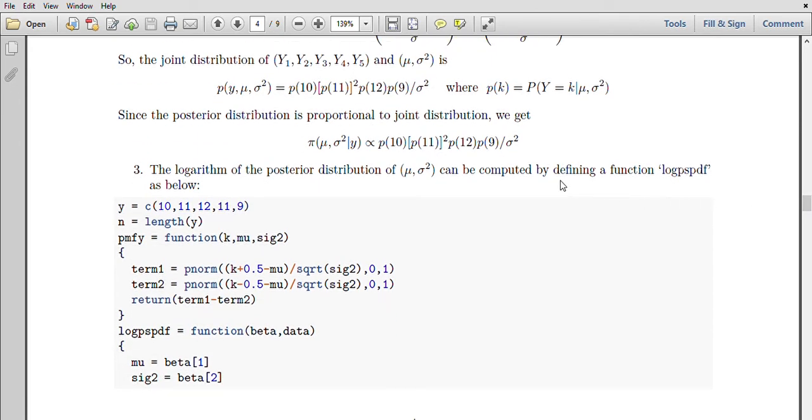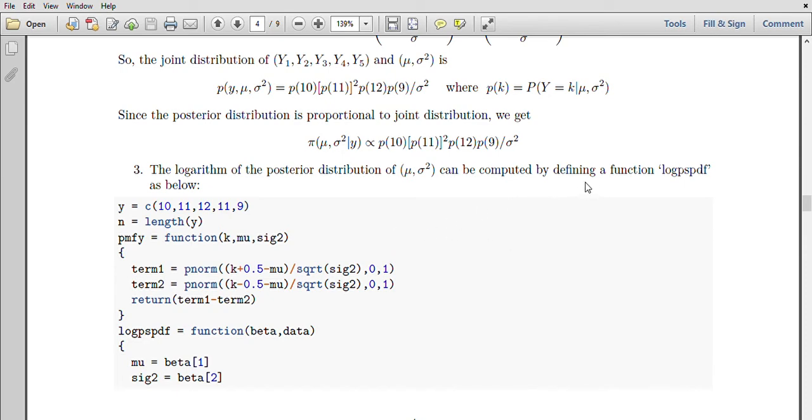So let us first compute the logarithm of this posterior distribution and store these values somewhere. So let us define a function log PS PDF. What the function does is it computes the value of the joint posterior distribution of mu and sigma square.